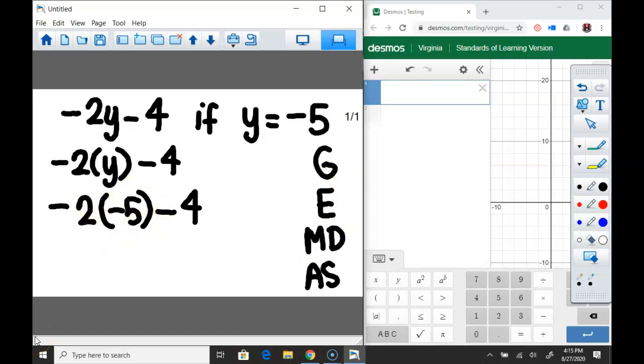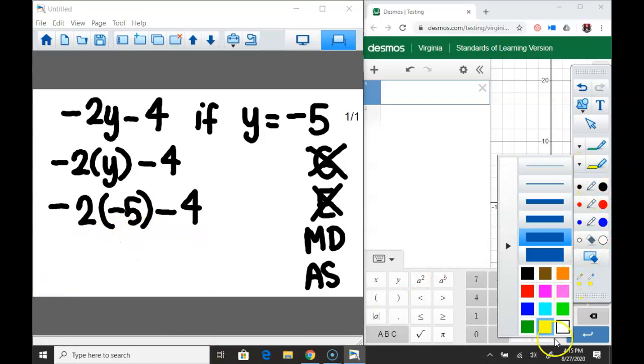There's nothing to do inside. So no grouping symbols in that problem. Next, I go looking for exponents. When I look at negative 2 times negative 5 minus 4, no exponents there, so I don't have to worry about that. Next, I look for multiplying and dividing. Negative 2 times negative 5, right there is multiplying, and then I've got my minus 4.